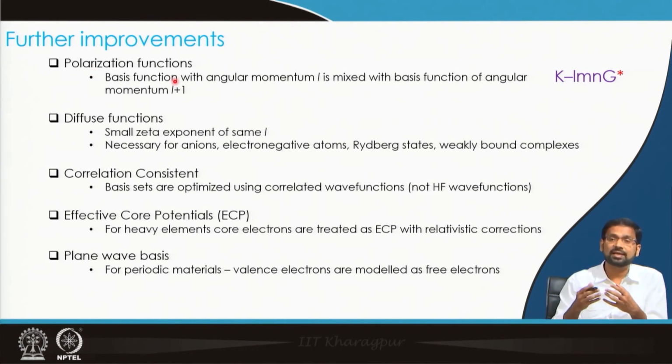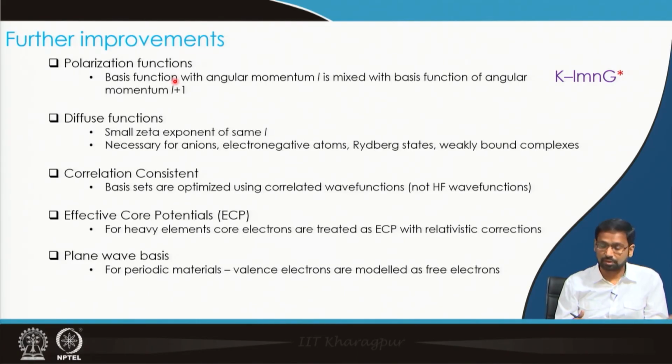Rather, if there is a p electron which is diffused, I need a special function which has p type character, but its orbital exponent is so small that this function will survive even at longer distance. That is the best way to represent a diffuse basis function. So when you are dealing with anions or electronegative atoms, or weakly bound complexes, diffuse functions are necessary, and normally you just add another basis function with the same orbital angular momentum, but now the orbital exponent becomes very small.